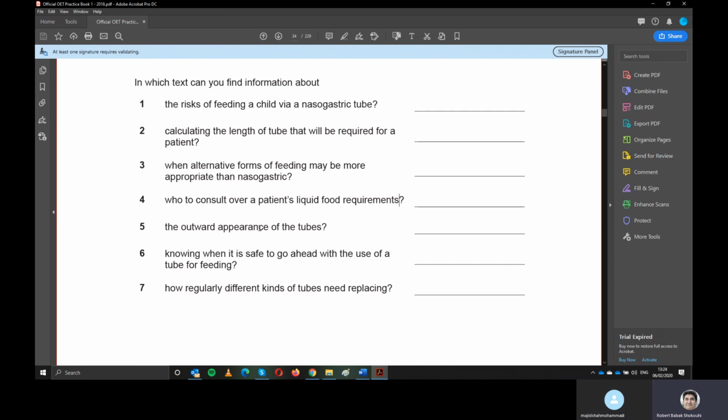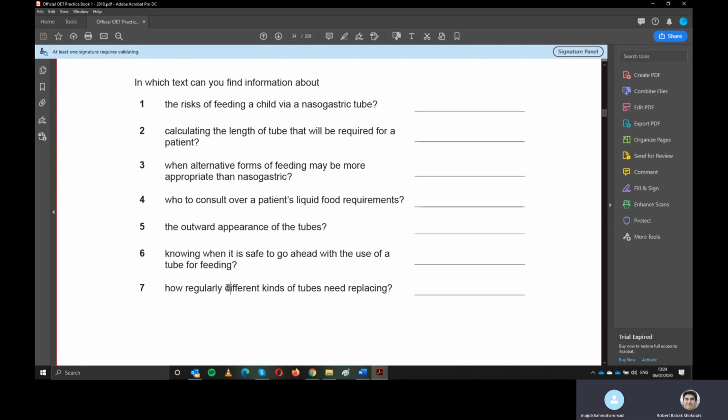The outward appearance of the tube, so that was B, and it was obvious because it talked about the fine and wide. Knowing when it's safe to go ahead, this is so obvious that it is C. And how regularly different kinds of tubes need replacing.